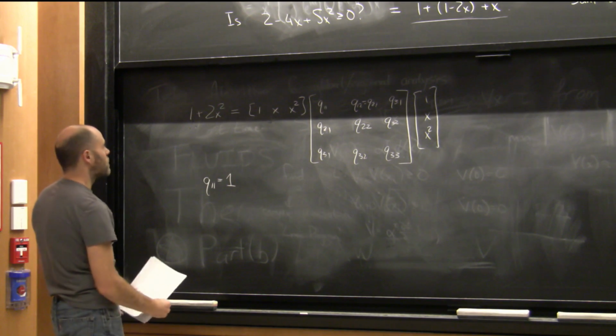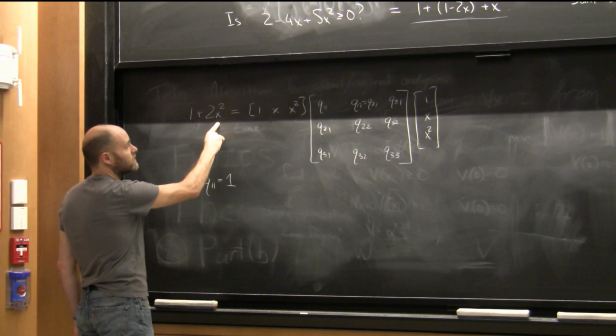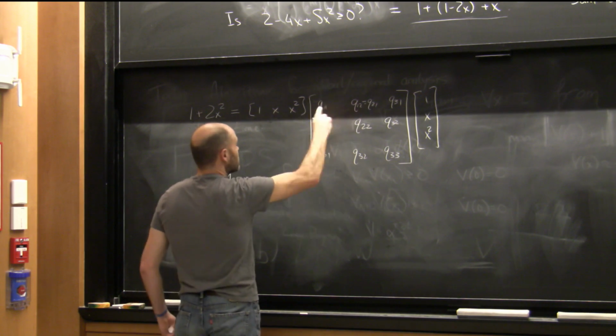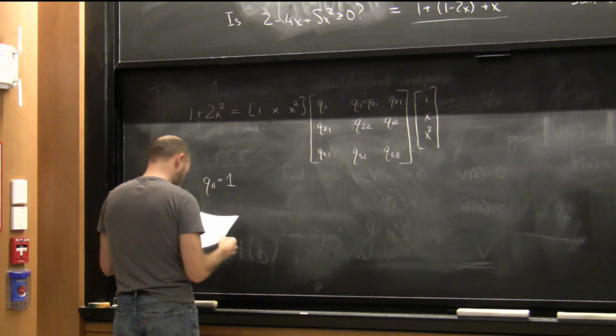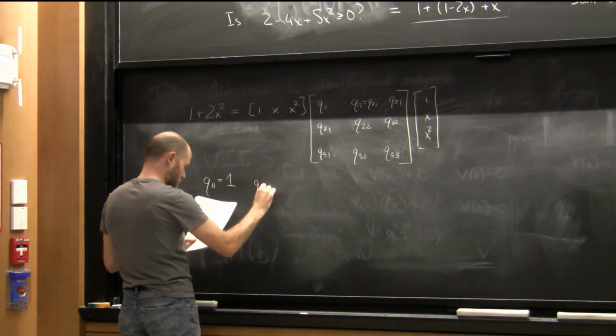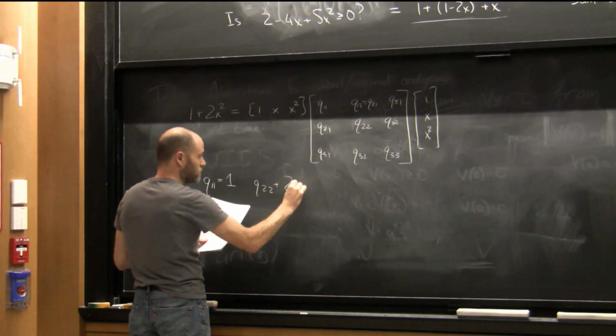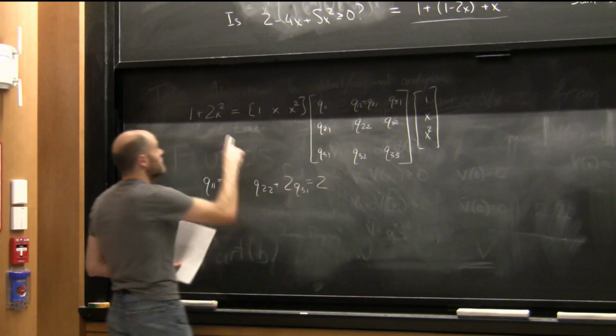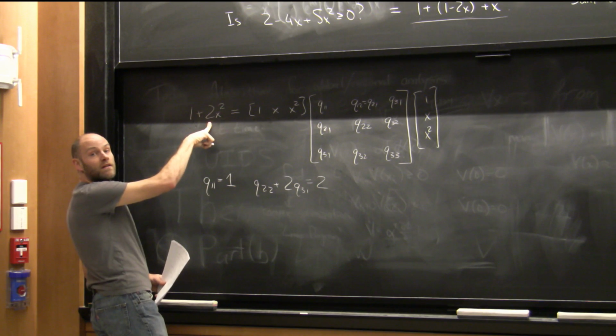What are the only ones that can contribute to the x squared? Well, actually, I have a bunch of them, right? Because I have anything that touched that with 1. I think I wrote it down here. I said Q22 plus 2 Q31. That had better sum up to equal 2. Okay.